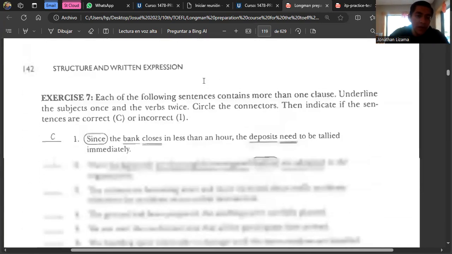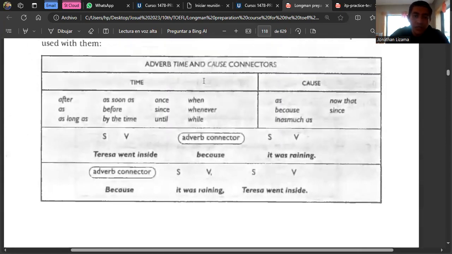Okay, that's it. Here you have some ideas about these connectors. The best thing is to memorize as much as possible. At the end, it's up to you.